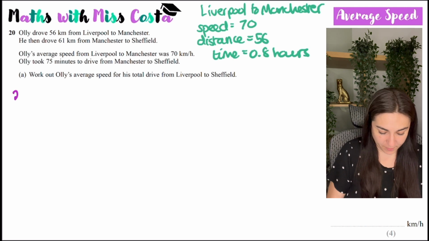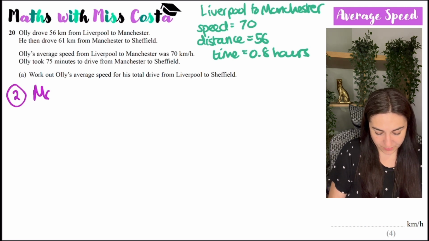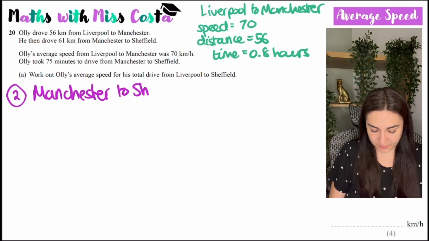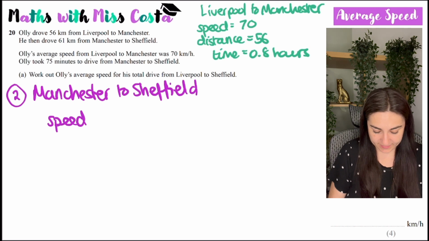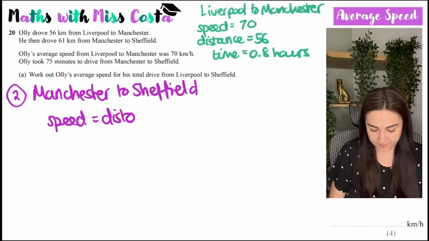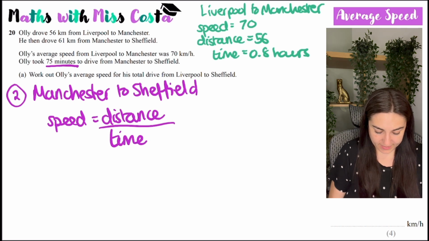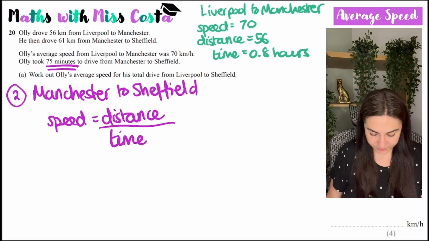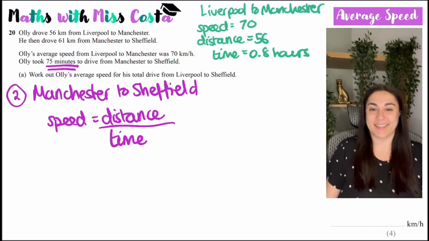Now I need to work out part 2. So from Manchester to Sheffield, what do I know in my speed equals distance divided by time? So I know that it took him 75 minutes to drive. So this is where it gets a little bit trickier.